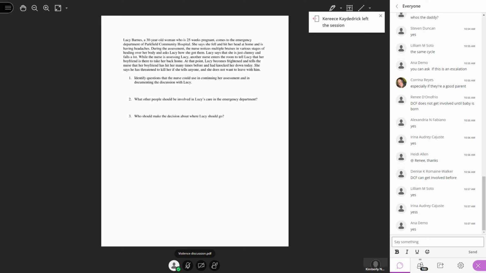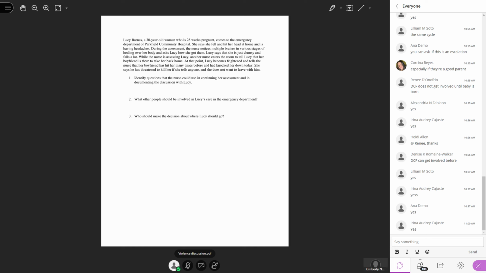But we want to make sure each and every time that this person comes in, we treat them with respect and offer them the support and the help that they need, because at some point they are going to be hopefully comfortable enough to leave the situation. We just can't make that determination that they need to leave at that point in time. Does that make sense? Okay. All right.